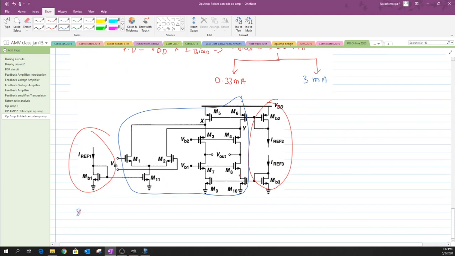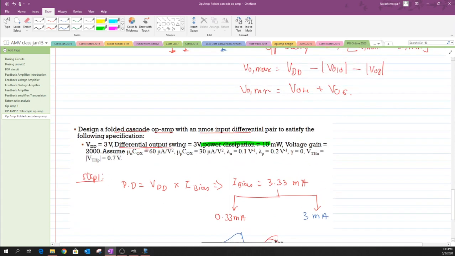So step number 2 is to calculate the VOVs for the transistors. As we did before, the VOVs for these transistors can be evaluated from the spec, which is the differential output swing.